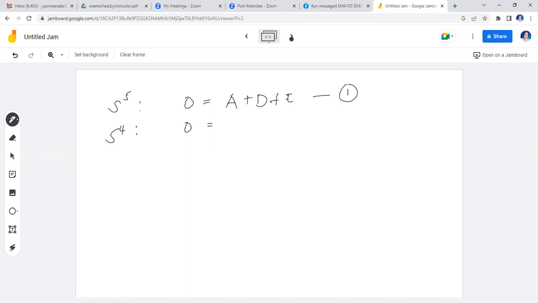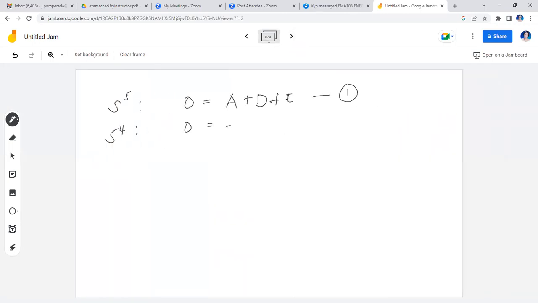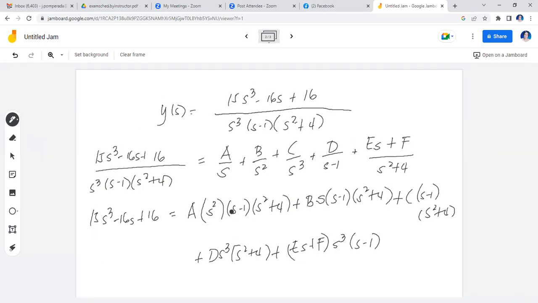So we go to S raised to 4. The left side does not have S raised to 4. There's no S raised to 4 here. Now, if this one is multiplied to this, that would be negative S squared. If it's multiplied to this, that would be negative S to the 4th, right? So I will place negative A. Now, if this one is multiplied to this, that would be S cubed. If it's multiplied to this, that would only be S. This S cubed multiplied to S squared would be S raised to 5 already.